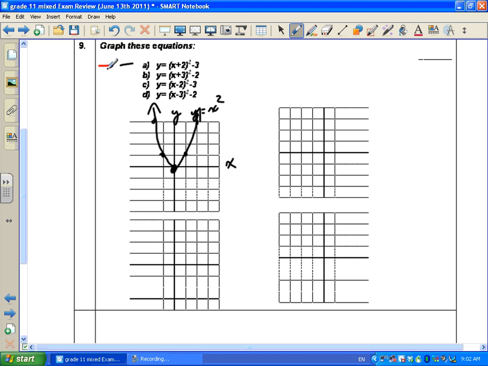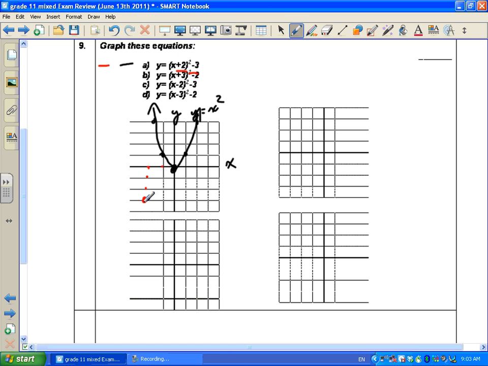So we'll do the second part in red. If you notice, our H is positive 2. What that means is we're going to go in the negative direction because H is always flipped. 2 units. So we go over 1, 2. And then our K is negative 3. So from there we go down 1, 2, 3. This is the vertex of our new parabola.